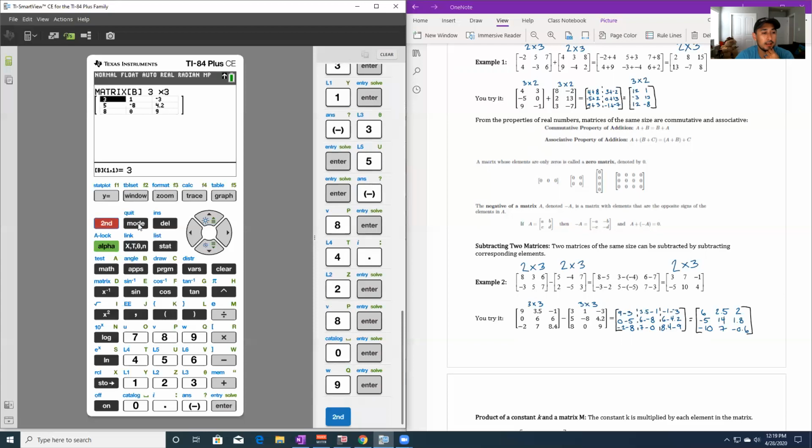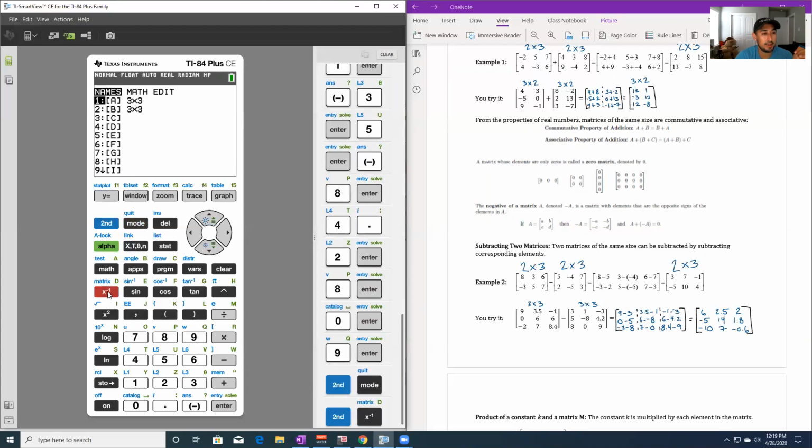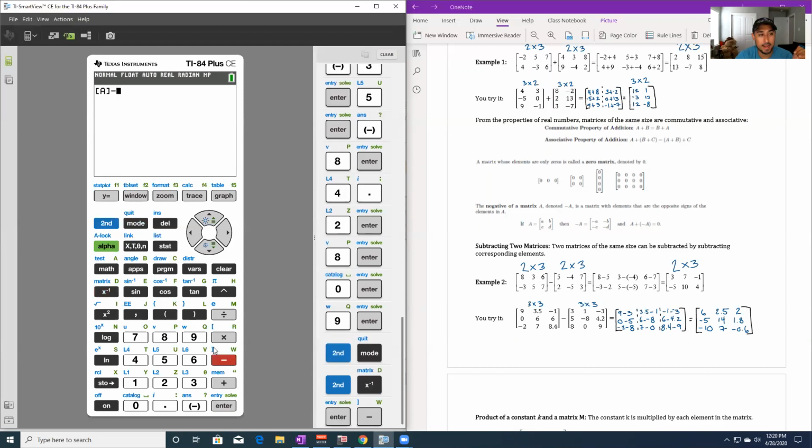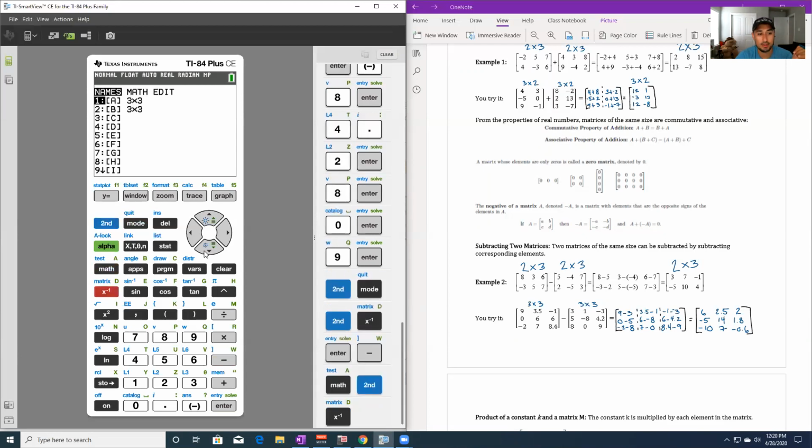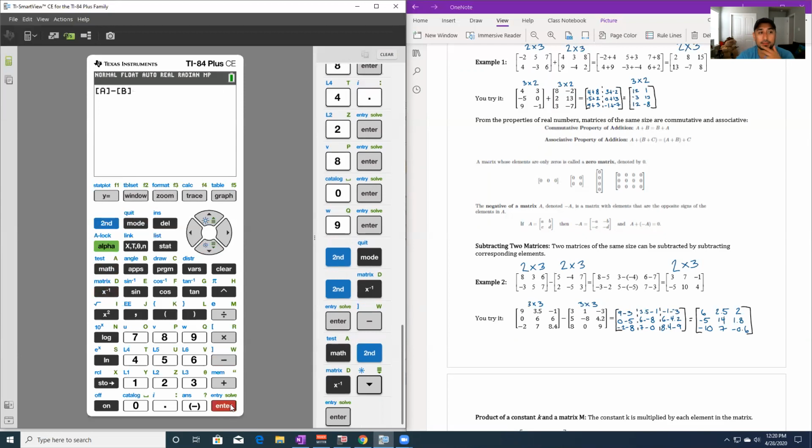Okay, second quit. Now we're going to do second matrix. I'm going to say matrix A minus, oops, second matrix, matrix B. So just like we have on the paper there, matrix A minus matrix B.